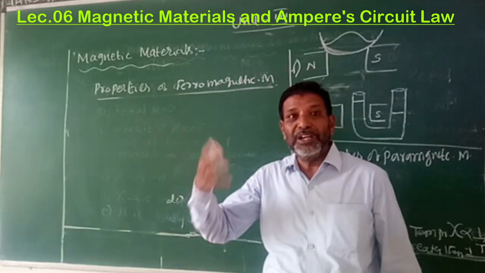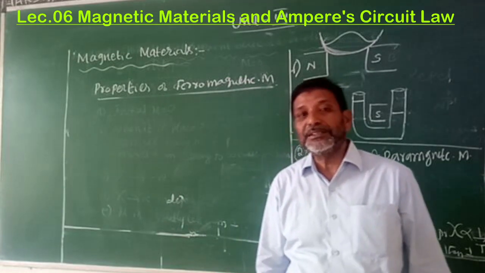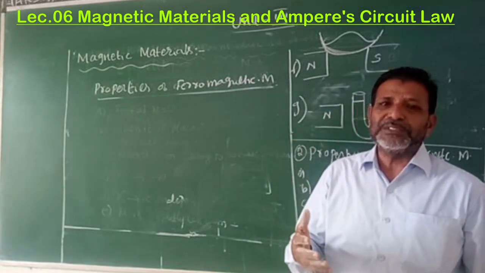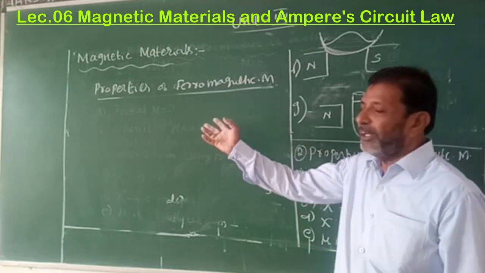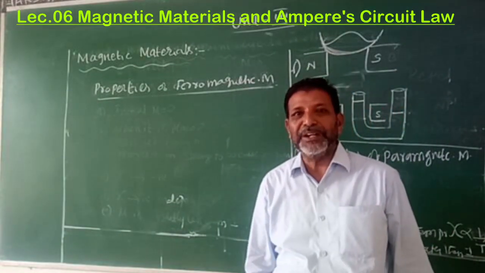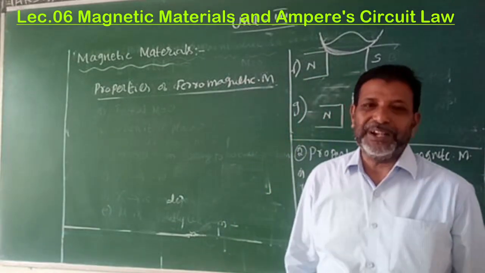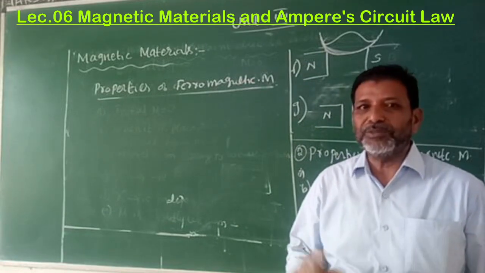Like this, all the properties of the ferromagnetic materials are the same as the properties of the paramagnetic material, but to a greater extent. This is what we say.